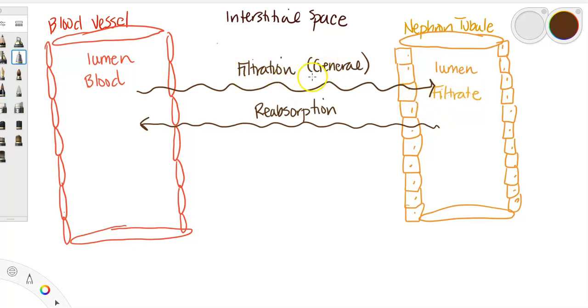The general stuff that's coming through filtration into the filtrate, we're going to want some of that back. So for that to occur, that stuff has to be reabsorbed. So anything that goes from the filtrate back to the blood is reabsorption.